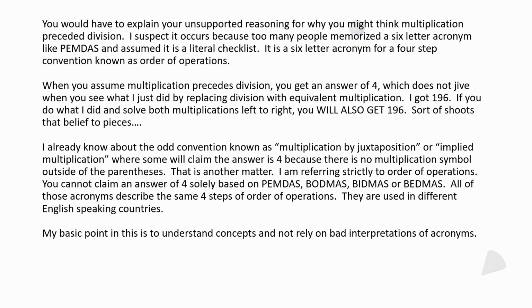And I already know about this odd convention that's known as multiplication by juxtaposition or implied multiplication, where some are going to claim that the answer is 4 because there's no multiplication symbol outside of the parentheses. That's a whole other matter. I'm not going to get into that here. It's an odd convention that has been used in the past and by some people, but it really flies in the face of following strictly the order of operations.